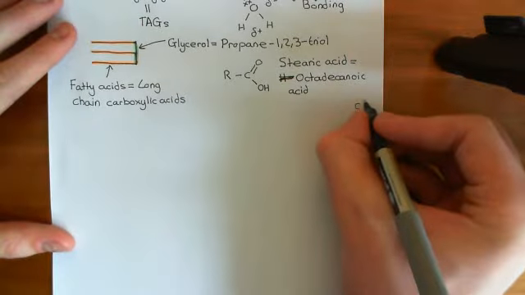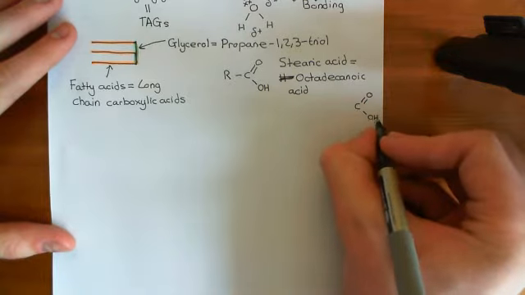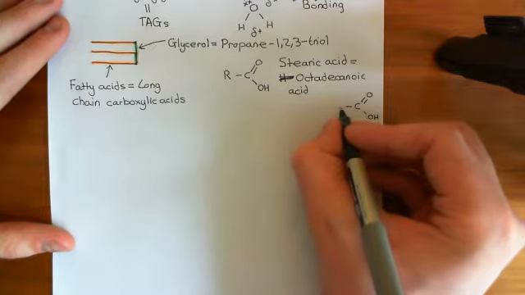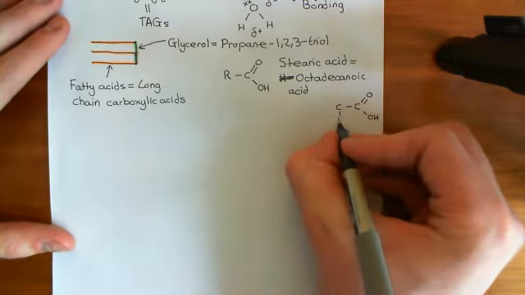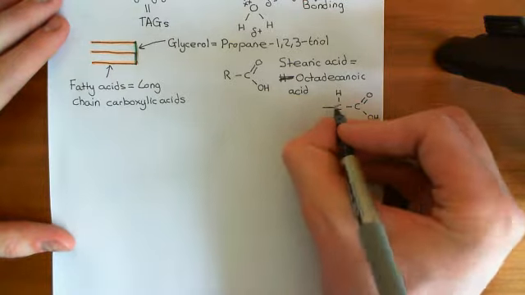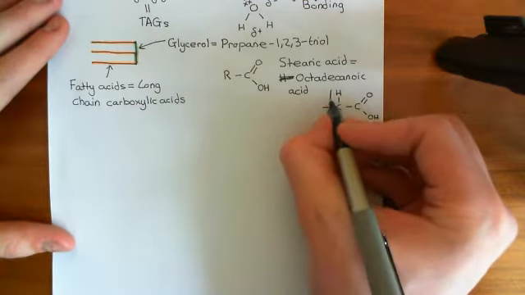Octadecanoic acid tells us that we are dealing with an 18-carbon, fully saturated carboxylic acid. So here's the carboxylic acid group, and then we're going to have 16 methylene groups. Now, I don't want to have to draw 16 methylene groups, so what I'm going to do is a useful trick.